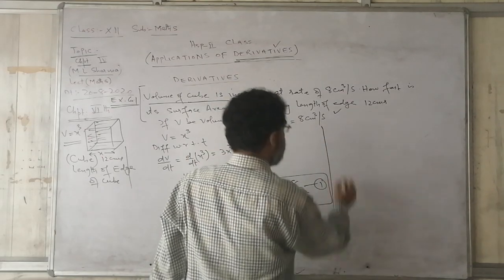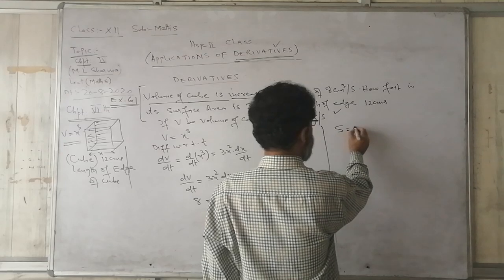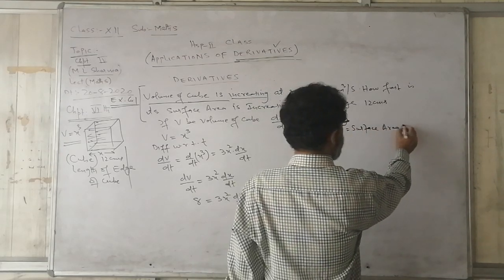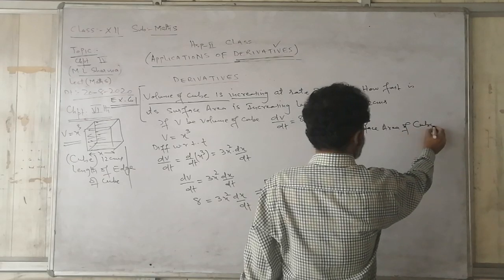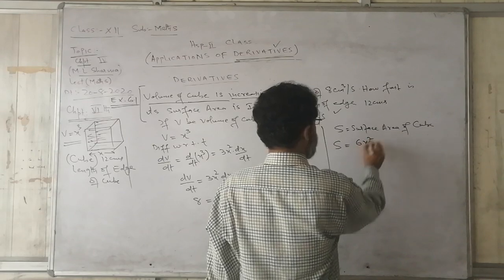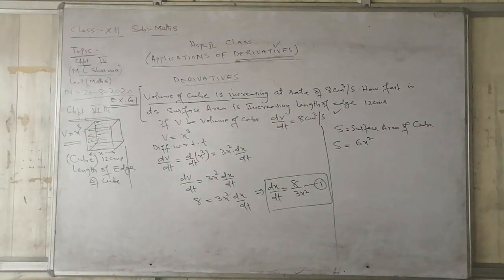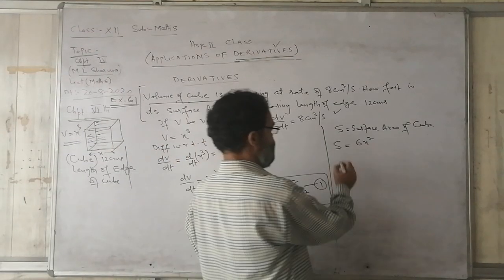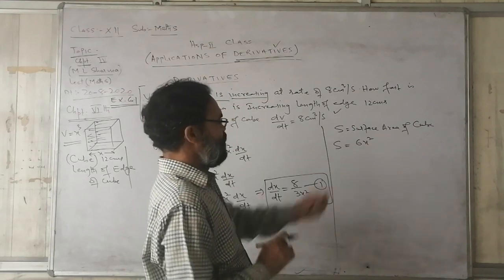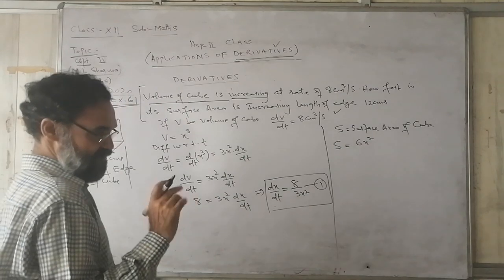Now in the question he says how fast is the surface area increasing. Now surface area, if I say S is the surface area of the cube, the surface area of cube is 6x square. It is also already known to you, 6 sides x square. So in this case I will have again to differentiate this, because I have to find rate of change of surface area.